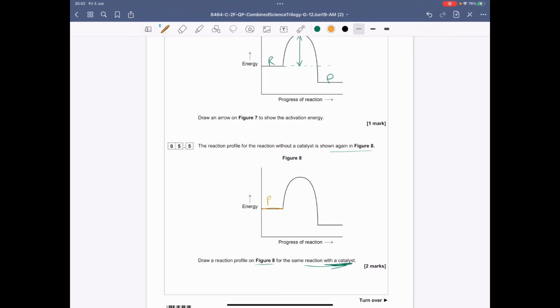So your reactants and products end up with the same energies. It just makes it happen quicker, and there's less activation energy, because it reduces the amount of energy needed. So it should just look like that because it's reducing the amount of activation energy required.